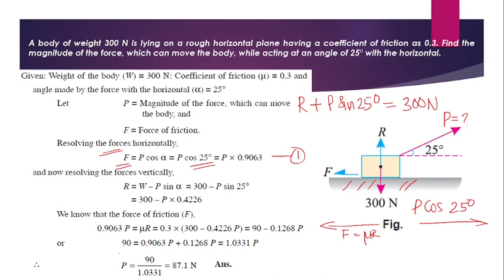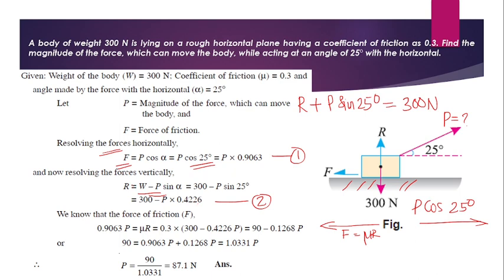We have already discussed the resolving of various forces in the first module. Then R is equal to 300 Newton, or weight, minus P sin 25 degrees. Then we have this equation number 2: R is equal to 300 minus P into sin 25 degrees.